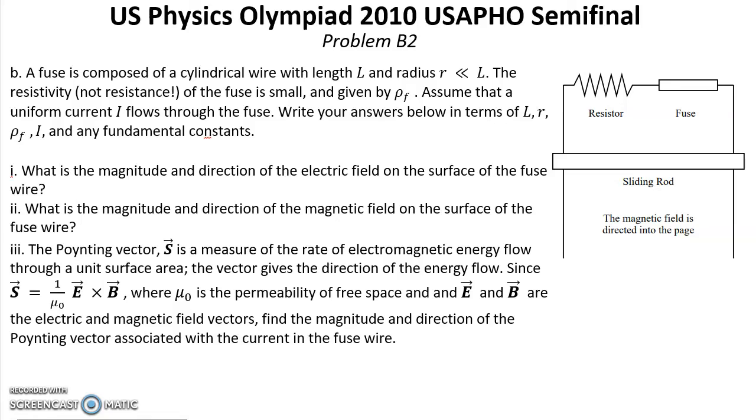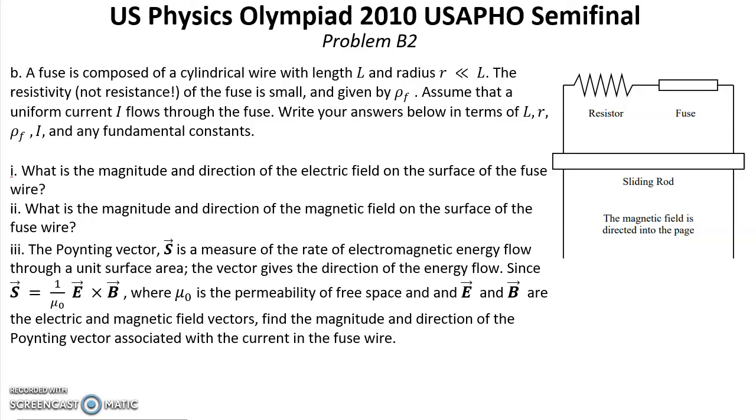Write the answer below in terms of L, R, rho F, I, and any fundamental constants. First question. What is the magnitude and direction of the electric field on the surface of the fuse wire? Second question. What is the magnitude and direction of the magnetic field on the surface of the fuse wire?